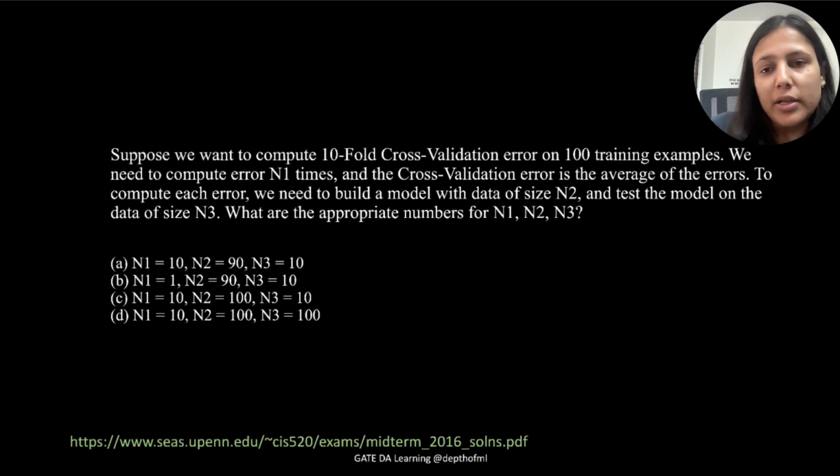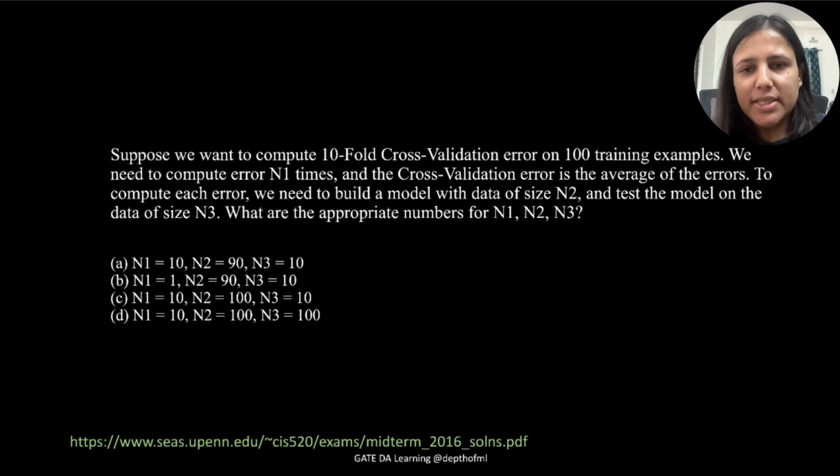Okay, so the question says, suppose we want to compute 10-fold cross-validation error on 100 training examples. So when they say 10-fold cross-validation, that means that K is equal to 10.